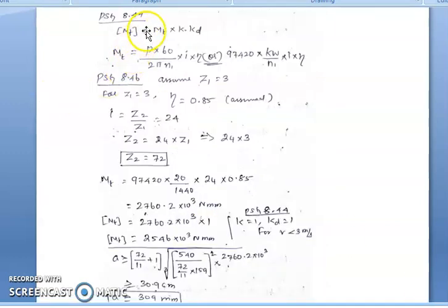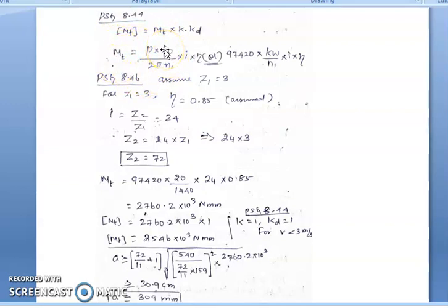Okay, from page number 8.44, the design twisting moment MT is equal to MT into K into KD. So here we should note it down. Another difference in worm gear drives: MT, the torque transmitted by the pinion, is equal to P into 60 by 2 pi N. This is what we discussed so far for either bevel gear, spur gear or helical gear.